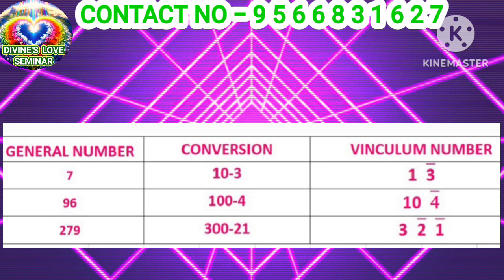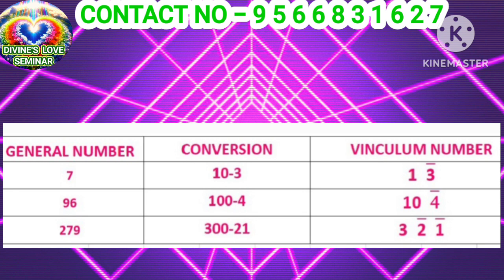That is a general number. Next number, 279. 279 is a general number. Conversion: 300 minus 21, if we subtract 21 from 300, 279 will come. For vinculum, we just have to add 300 plus 21.